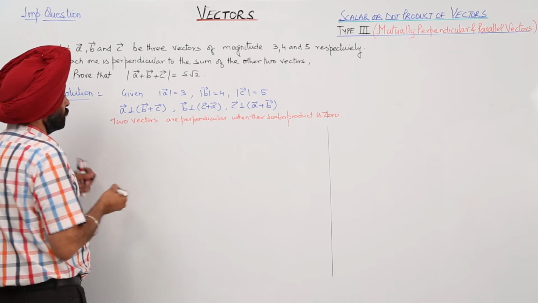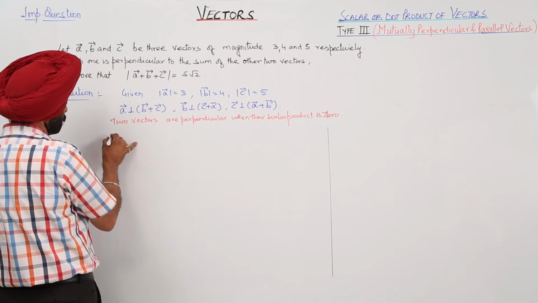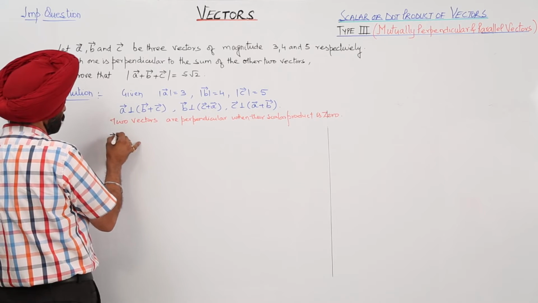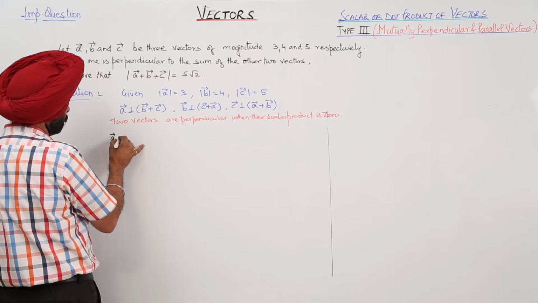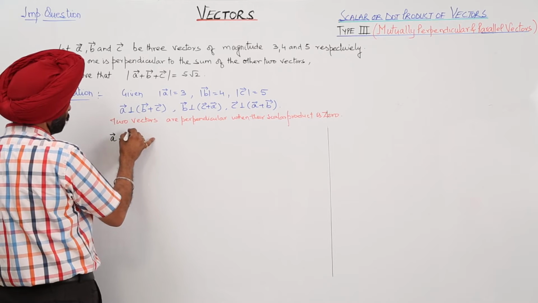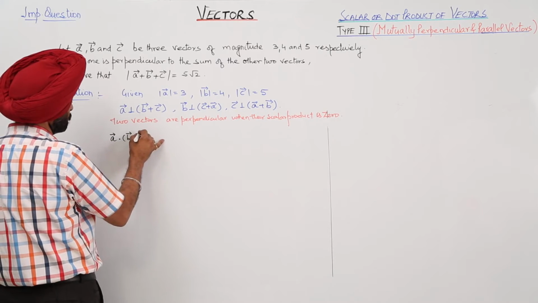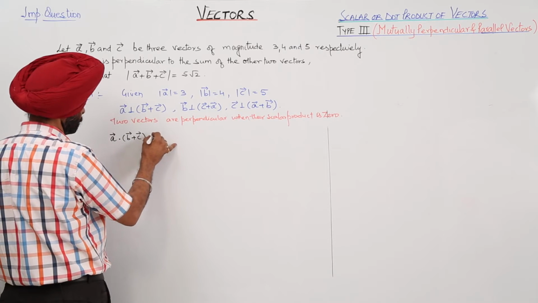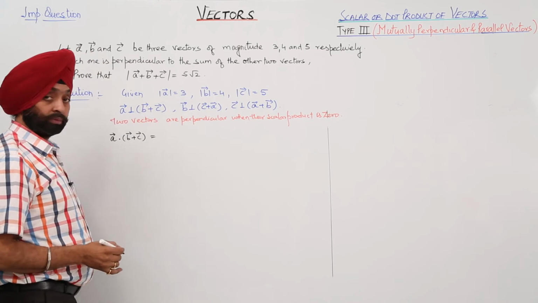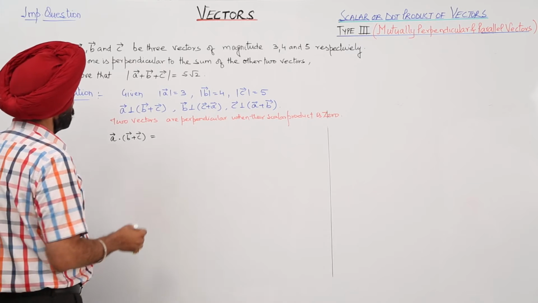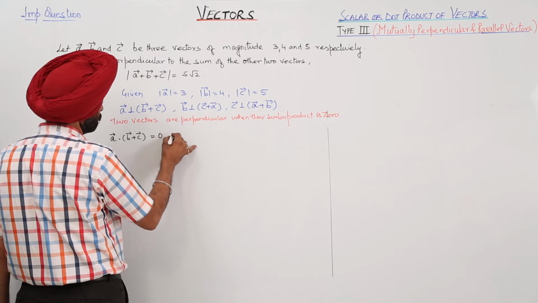Now, for the first condition, what we are having? Vector A dot vector B plus vector C is equal to 0.